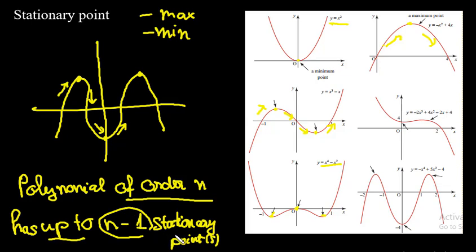It is an n minus 1 number, but it can be smaller. If it's order 4, it can have 2 stationary points if the graph would be something like that. I don't have an example here, but you can imagine that it's up to n minus 1. So for polynomials of order 4, it can be up to 3, and it can be 2 or 1.